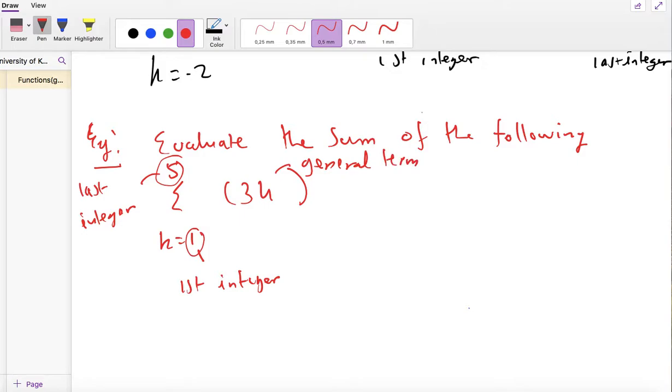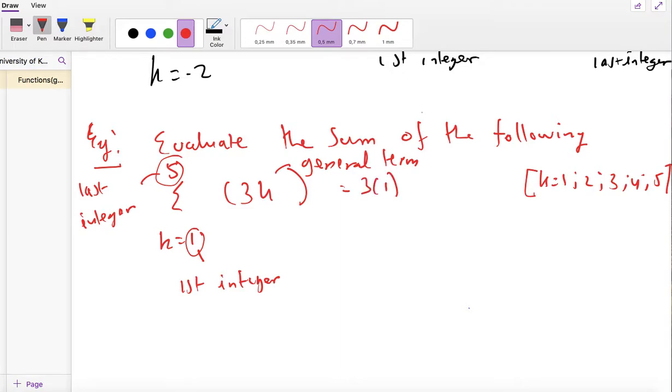And this whole thing will evaluate to some value, which is basically the sum of all the terms in the series. Okay, so let us do this. And we also know that k goes from 1 to 5, so k can take on values 1, 2, 3, 4, 5, as we saw above. So substituting the first integer into the general term gives us 3 times 1.